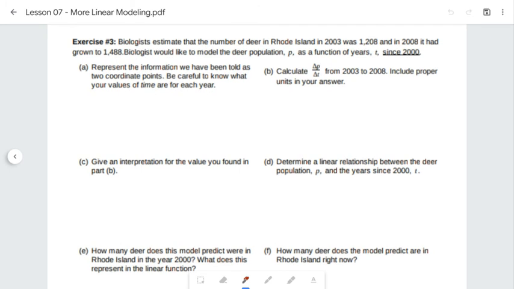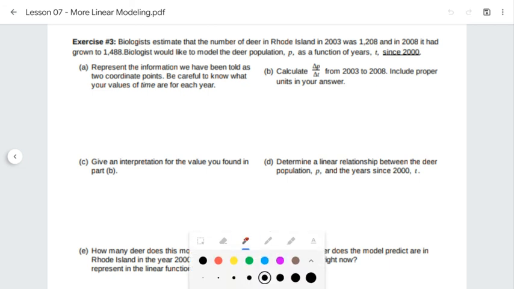So biologists estimate that the number of deer in Rhode Island in 2003 was 1,208, and in 2008 it had grown to 1,488. Biologists would like to model the deer population P as a function of years T since 2000. Represent the information we have been told as 2 coordinate points. Be careful to know what your values of time are for each year.